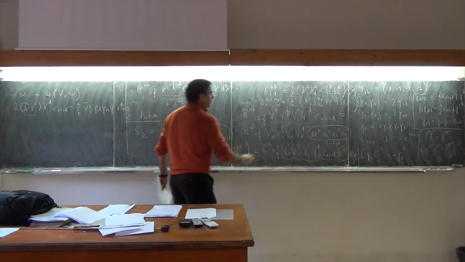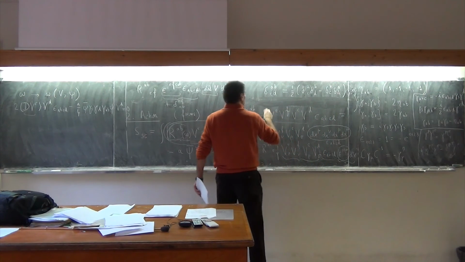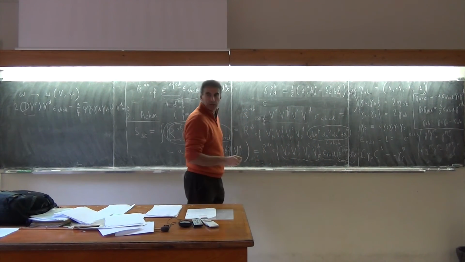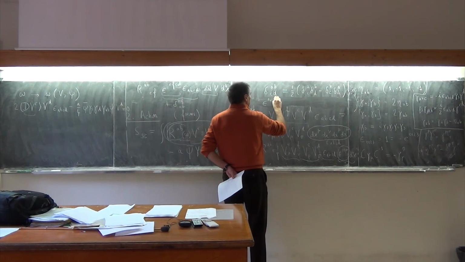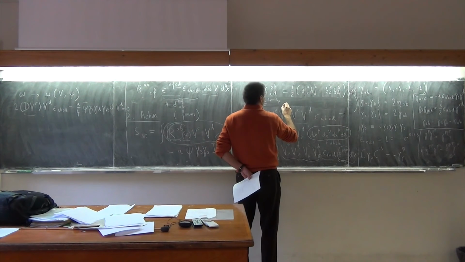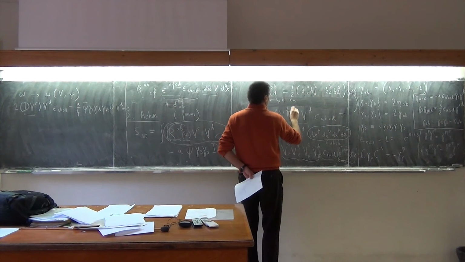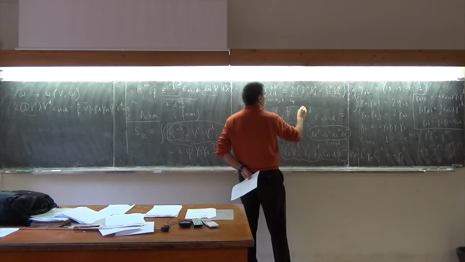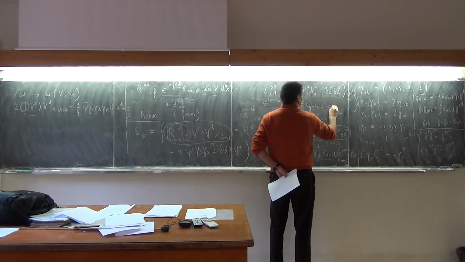It is quite general, and quite generally also, the contraction of 2 epsilon symbols in any dimension is given by the following: epsilon A1 ... AP, C1 ... CQ, contracted with epsilon B1 ... BP, C1 ... CQ.